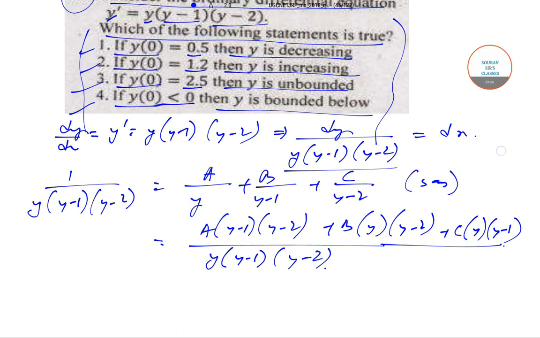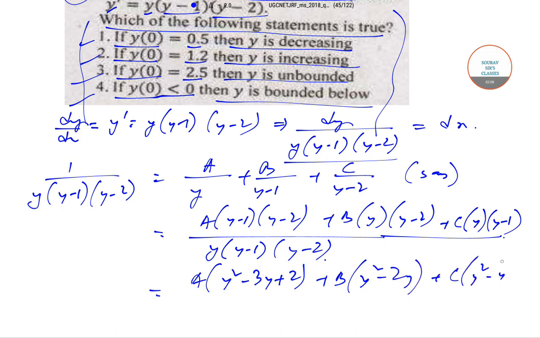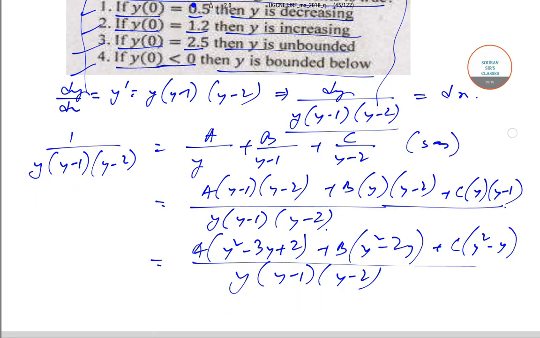And this, if we break down, will come down to a into y square minus 3y plus 2 plus b into y square minus 2y plus c into y square minus y, upon y into y minus 1 into y minus 2. Let us break it down further.